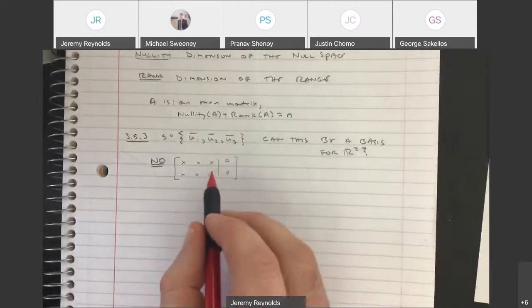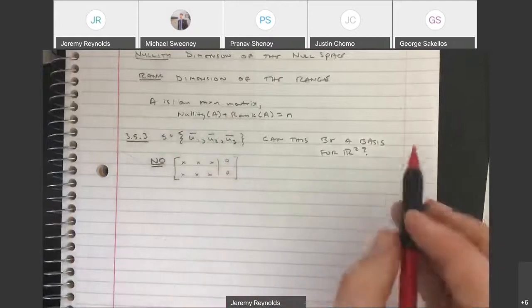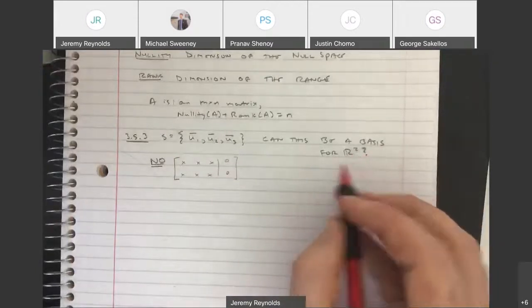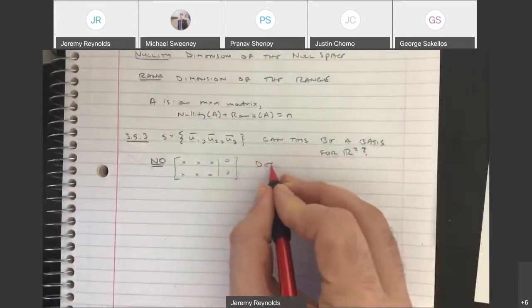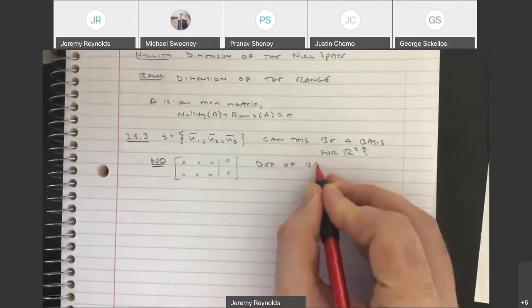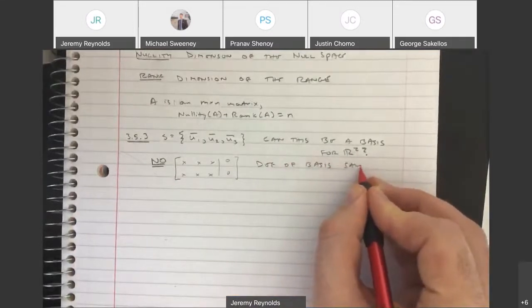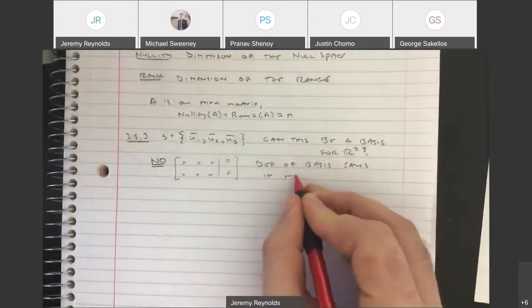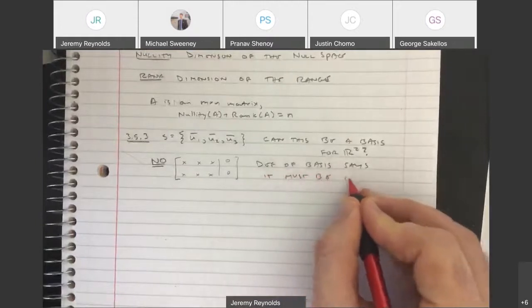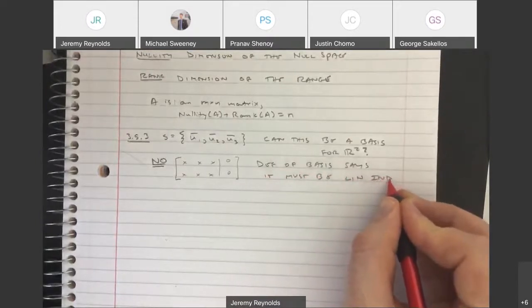So we can see that if it's linearly dependent, then it is not a basis, because the definition of basis says it must be linearly independent.